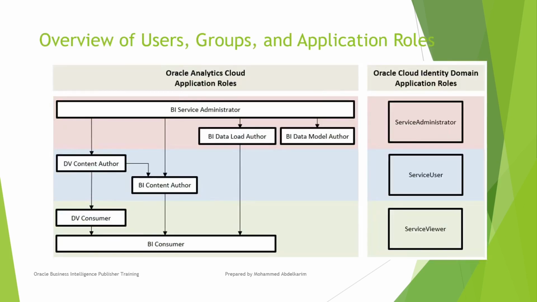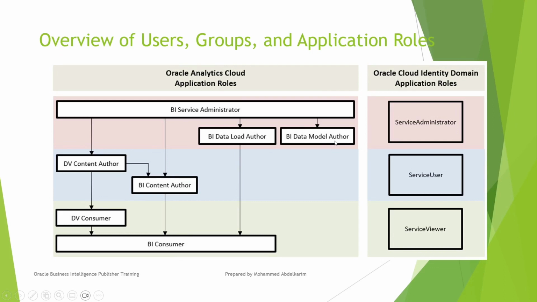Now, this diagram shows that a member of the BI Service Administrator application role is an indirect member of all the other predefined application roles. BI Service Administrator has DV Content Author, BI Data Load Author, and BI Data Model Author.